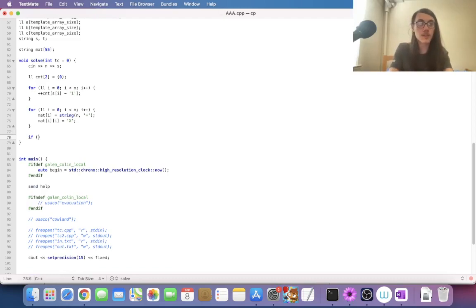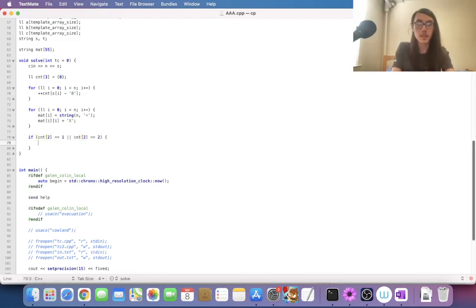So now, if count 2 is equal to 1, no, sorry, count 1. You know what? For clarity's sake, I'll just make them the original numbers. So if the number of 2's we have is equal to 1, or we have 2 of them, then it is impossible, because the cycle formation doesn't work.